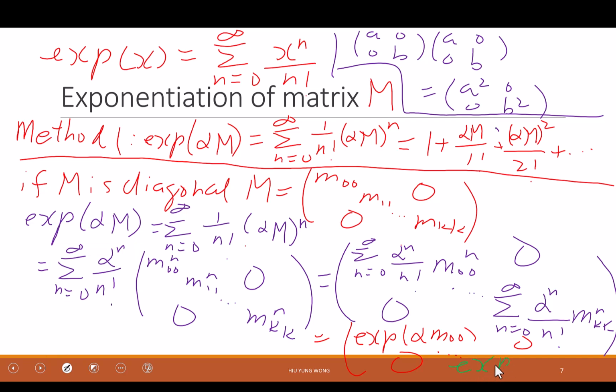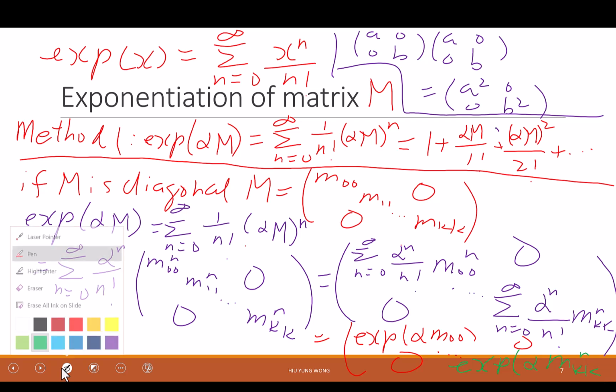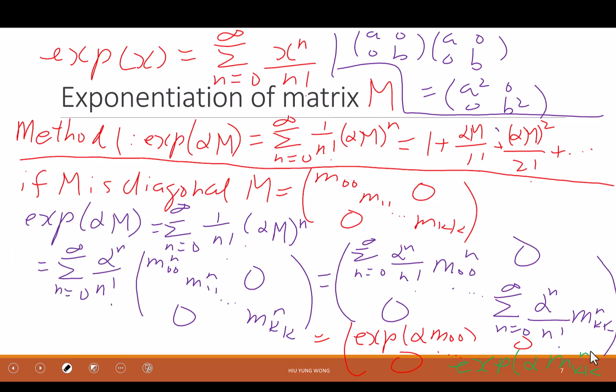Exponential of alpha m kk, no more power n. Exponential of m kk. Make sense? Sorry it's messy, but if you can follow, then it should not be messy. If you are listening, ask questions. I want to force you to ask questions.